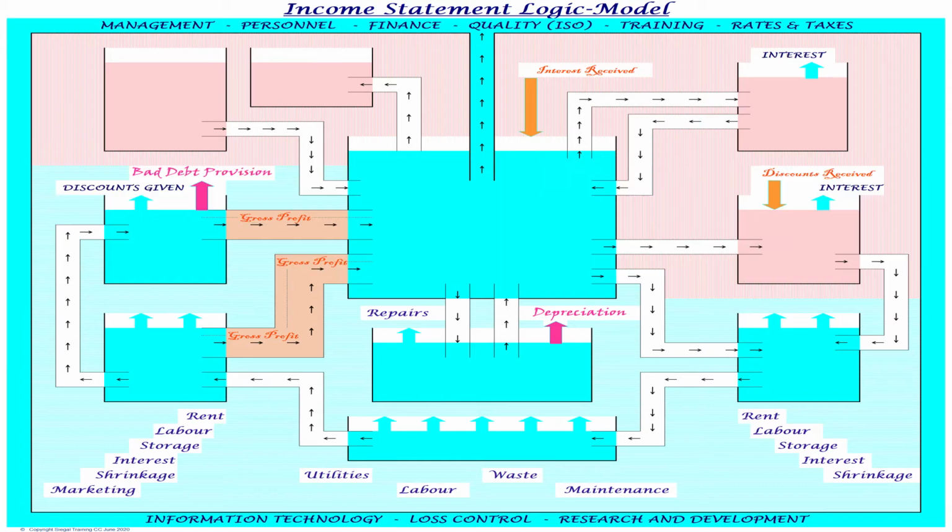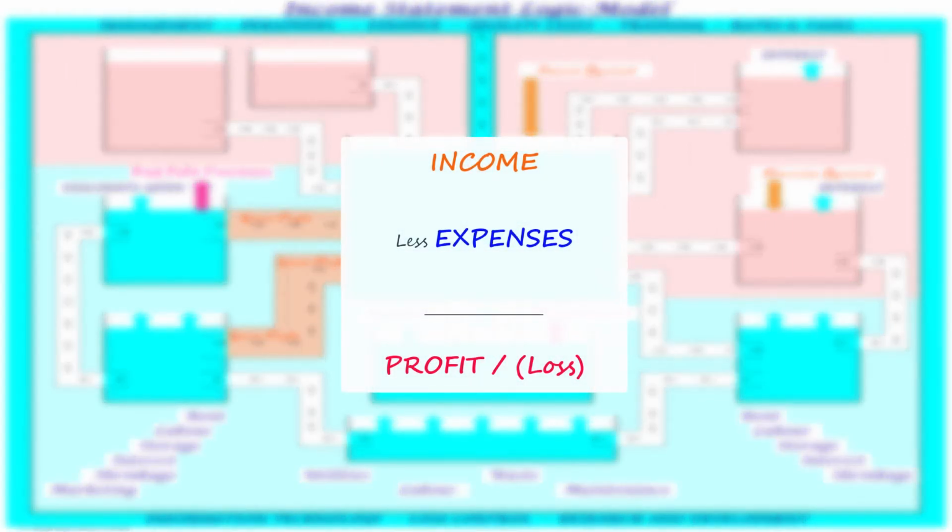Well, here's the key, and this came to me through these logic models. What is the net effect of all my income and my expenses? It's profit. If my income is more than my expenses, it is profit. If my income is less than my expenses, it obviously is a loss.